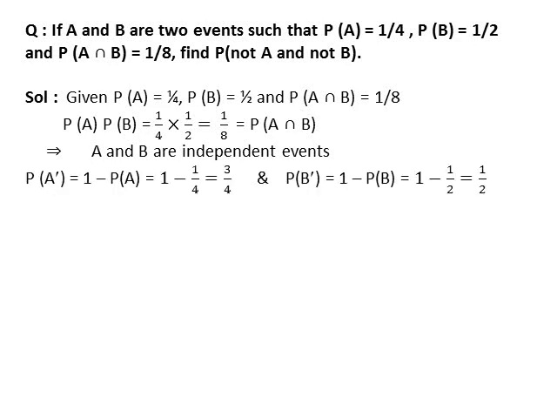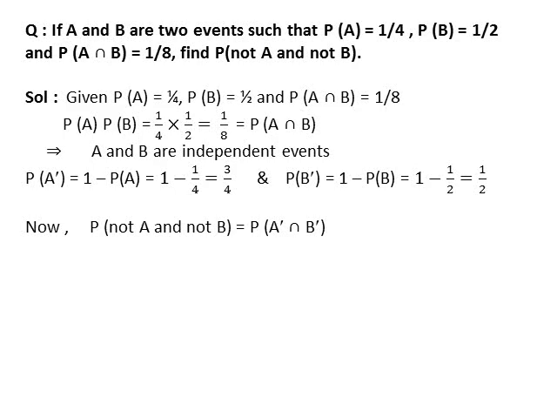Now, P(A complement) equals 1 minus P(A) equals 1 minus 1/4 equals 3/4. And P(B complement) equals 1 minus P(B) equals 1 minus 1/2 equals 1/2. Now, probability of not A and not B equals P(A complement intersection B complement).